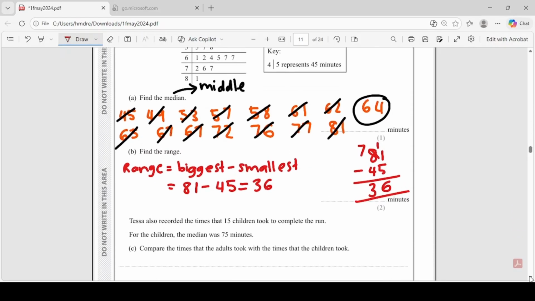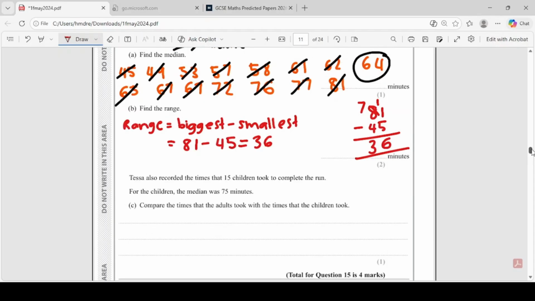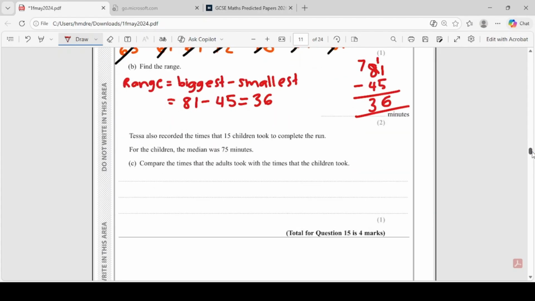And then Tessa also reported. Okay, so we know we worked out the median for the adults. The median for the adults was 64. Let's just write that down. Adult median was 64. The children median was 75.